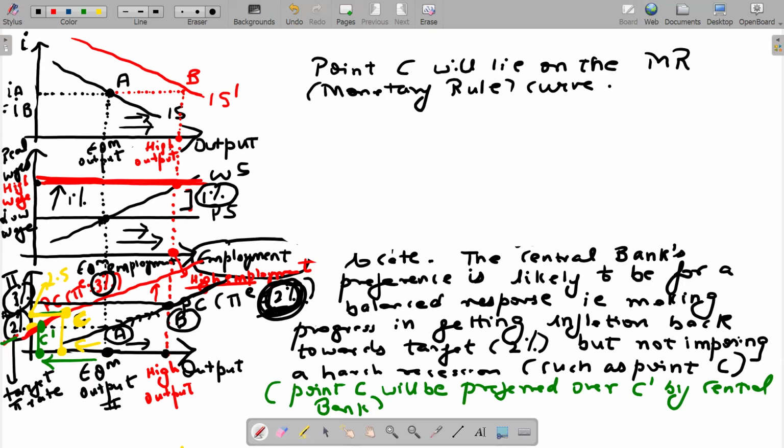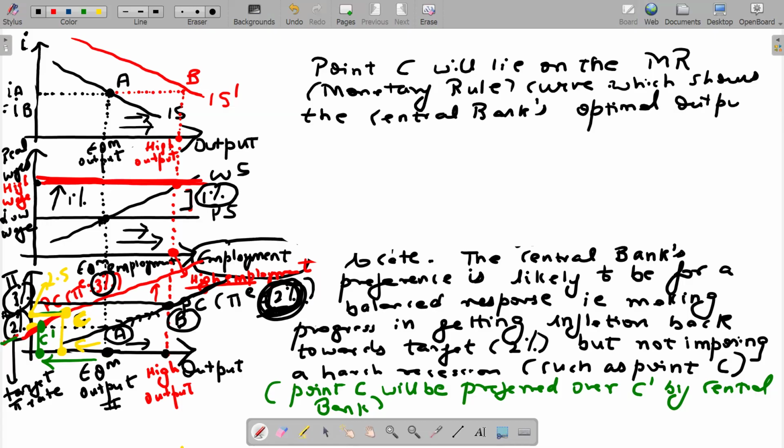So I can write that point C will lie on the MR curve, which shows the central bank's optimal output inflation pair for any Phillips curve it faces.